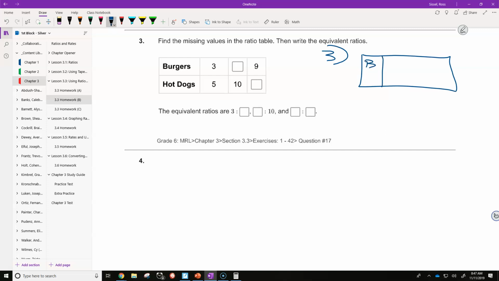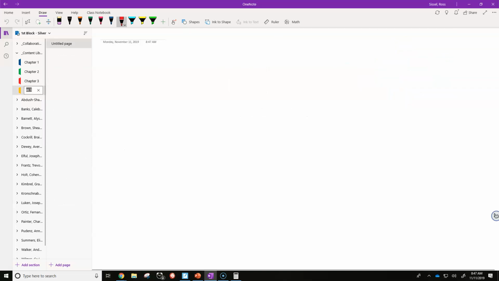You can say burgers, hot dogs, 3, 5, blank, 9. But you have to show me, what did you do? I went from 5 to 10, like times 2. So 3 times 2. Okay? You don't have to show me the work for the equivalent ratios, but for the table itself, you have to. Any questions? Can I have you check my extra practice?